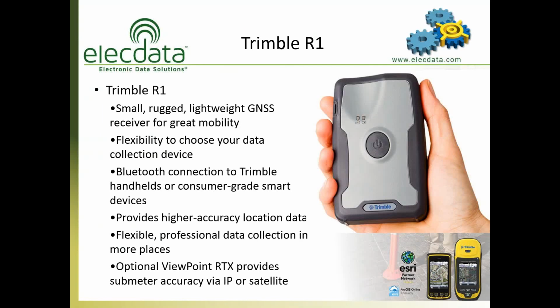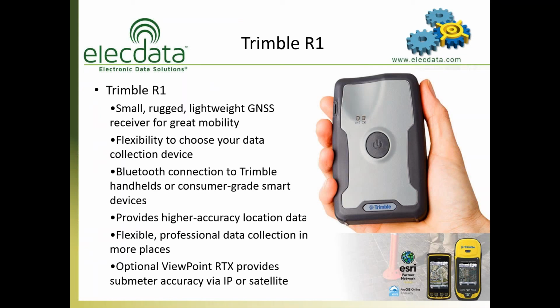And this is what the R1 looks like. This was talked about in late 2014. It was introduced to the public in March or April of 2015. So it's been on the market for a few months. It's really a sub-meter mapping system, which will allow you to connect any device that you have to almost any software that you're using.